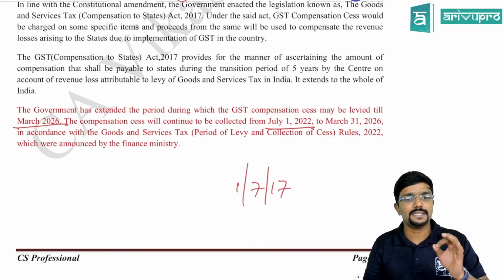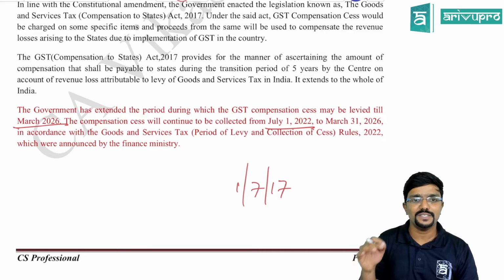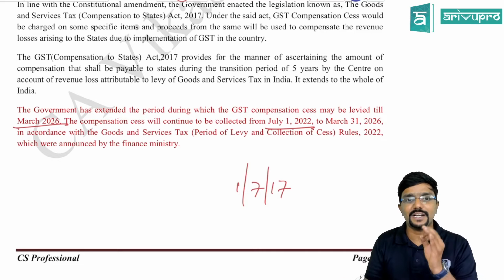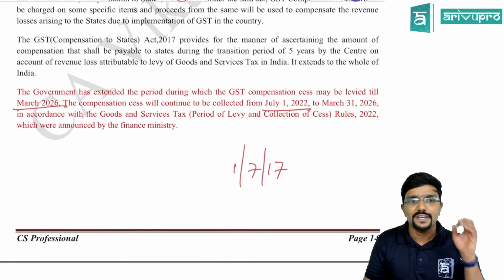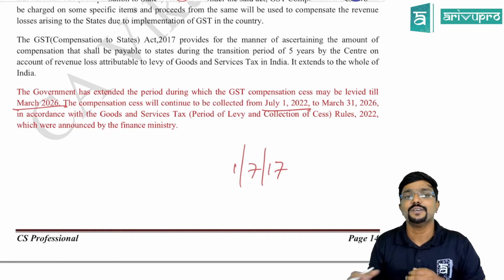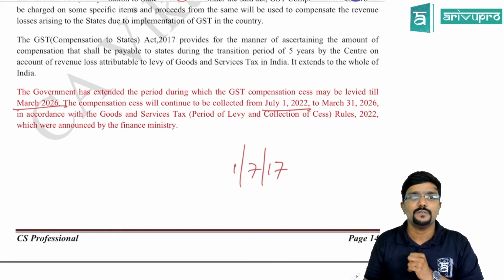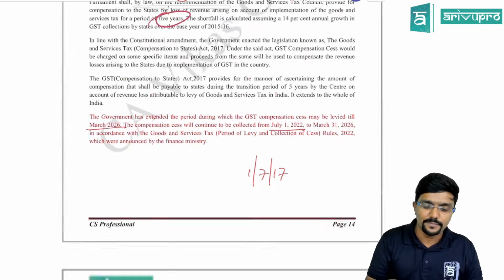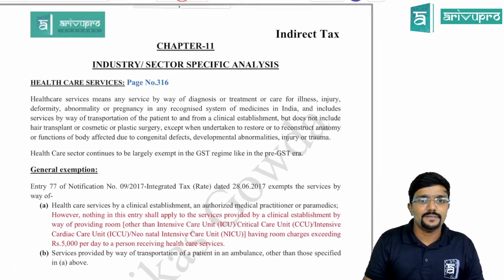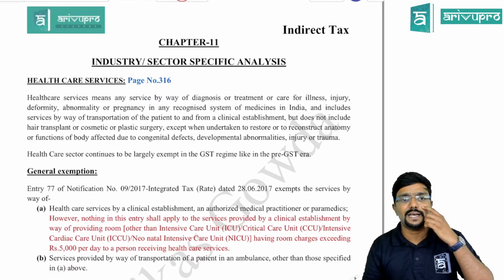The government has extended the period during which GST compensation cess may be levied till March 2026. The compensation cess will continue to be collected from 1st July 2022 to March 31st 2026 in accordance with the goods and service tax period of levy and collection of cess rules 2022, which were announced by the finance ministry, guys.